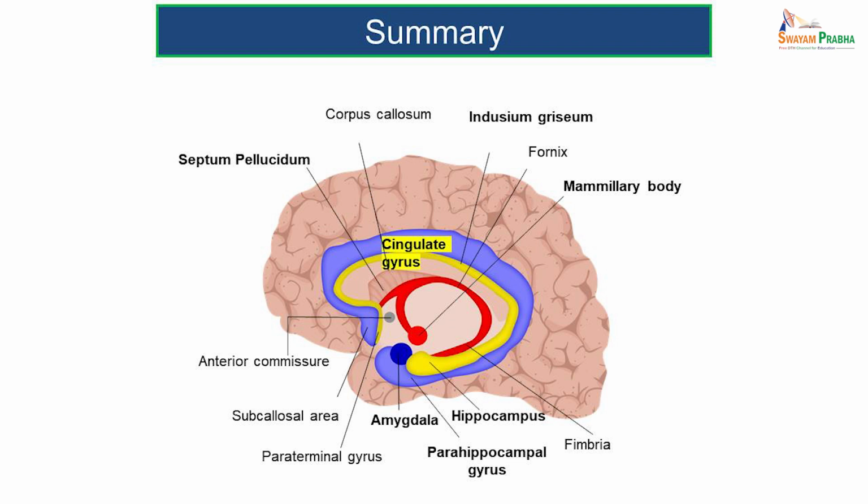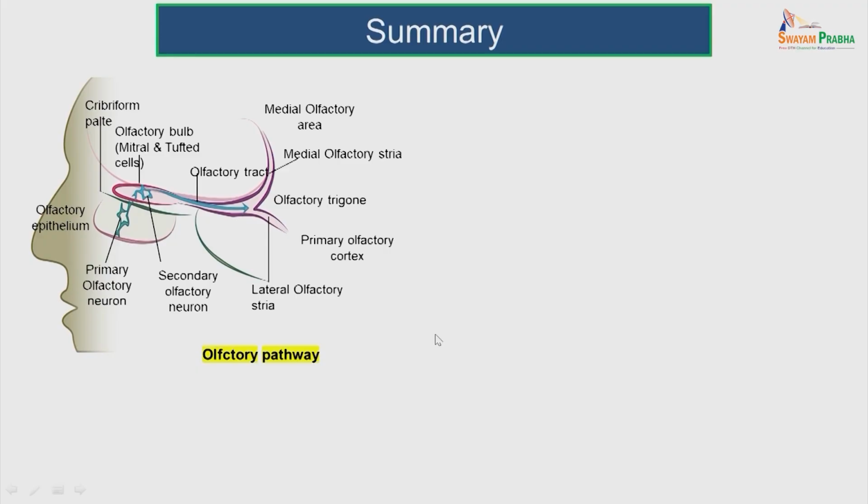Then you have the amygdaloid, then the mammillary body, and the septum pellucidum, and also the anterior commissure, subcallosal area, and also the fornix and fimbria, they form the fibers. So, they form the parts of the limbic system.